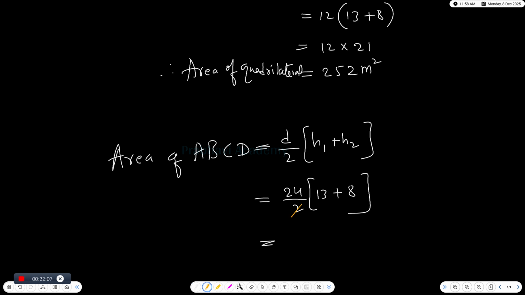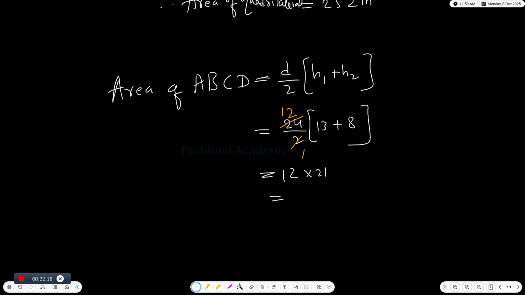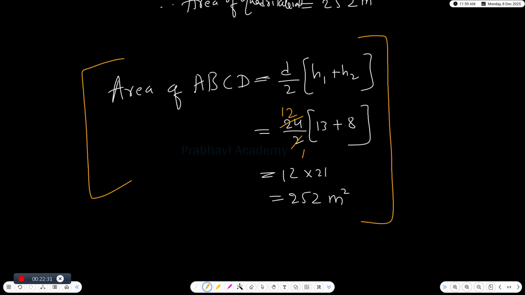So simply cancel it out. 2 ones are 2, 12s are, and 12 into 13 plus 8, it comes out to be 21. Again 12 into 21 is 252 meter square. So this is the second method. This is method 2. You can refer any one.